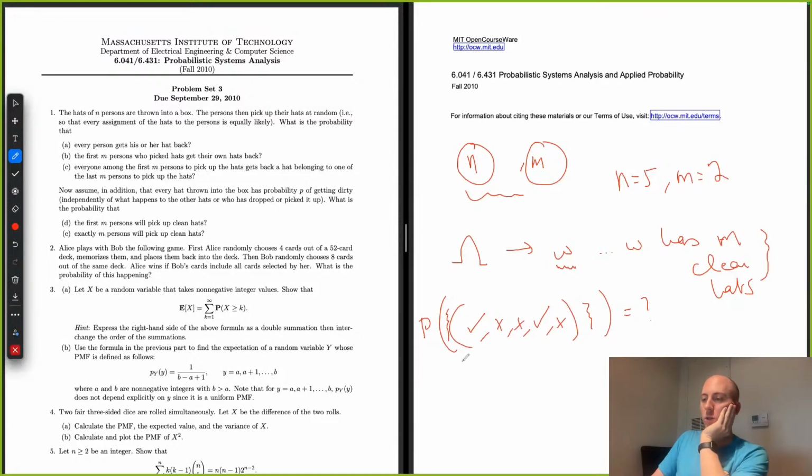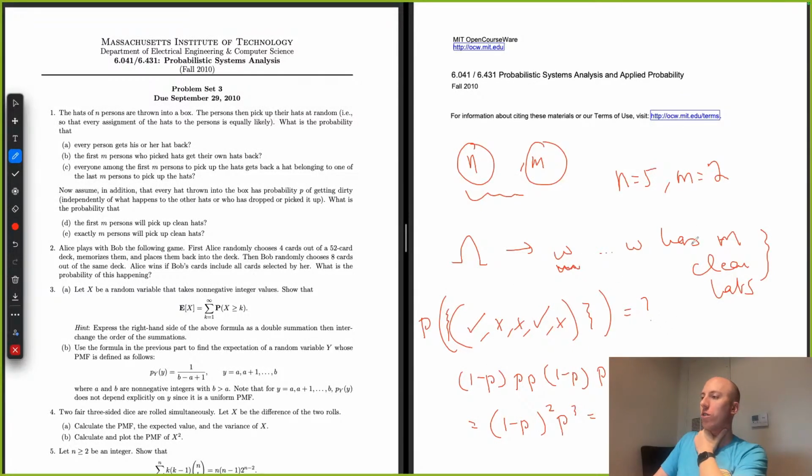Well, clean has probability 1 minus P, and dirty has probability P. So this is 1 minus P times P times P times 1 minus P times P. This is equal to 1 minus P squared times P cubed, which is 1 minus P to the M, P to the N minus M. Okay. So that's the probability of this particular omega.